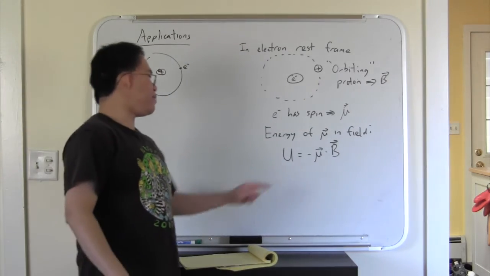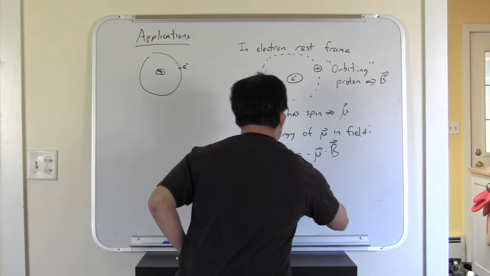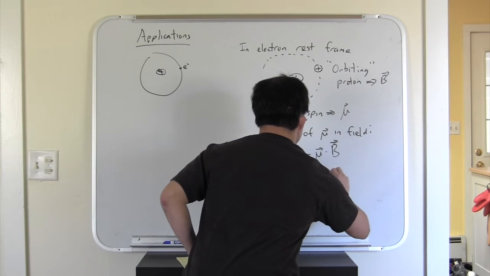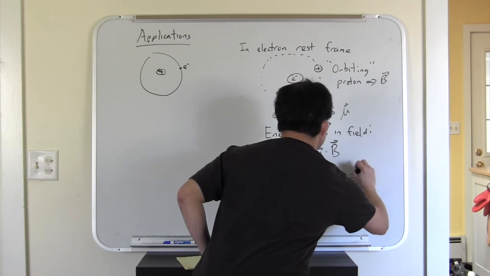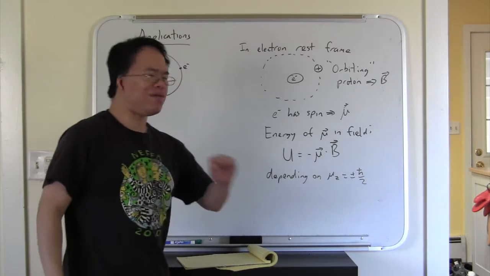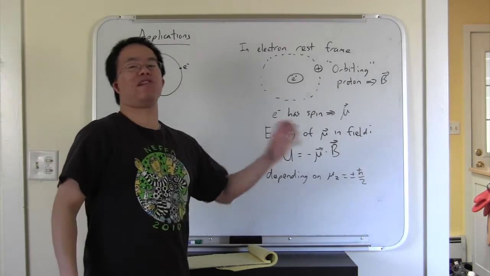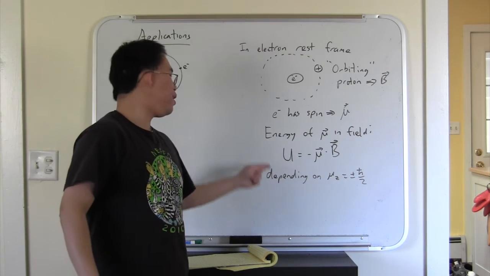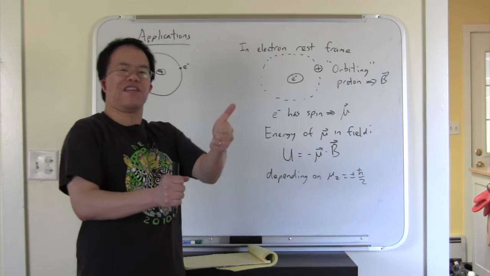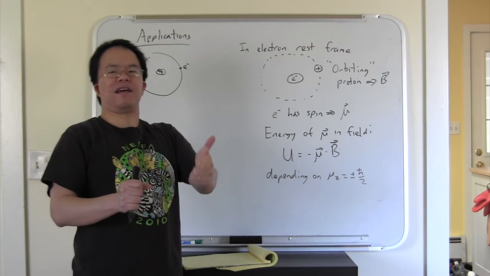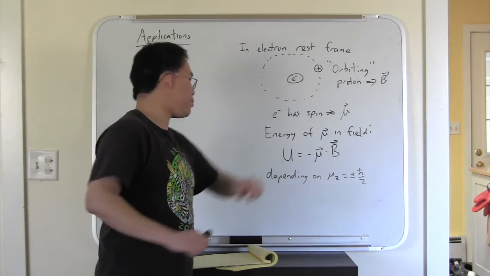So here's the thing: depending on mu z being positive or negative, hopefully it's at least vaguely suggestive how I can have two possible signs for this potential energy, because I can think of myself as aligned with the magnetic field or anti-aligned with the magnetic field produced by the proton.